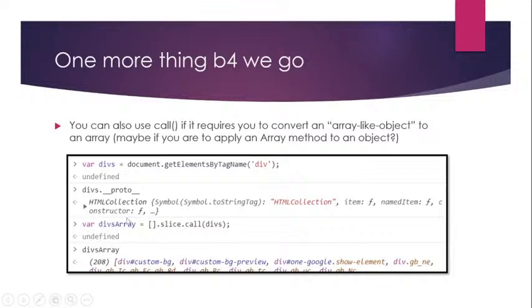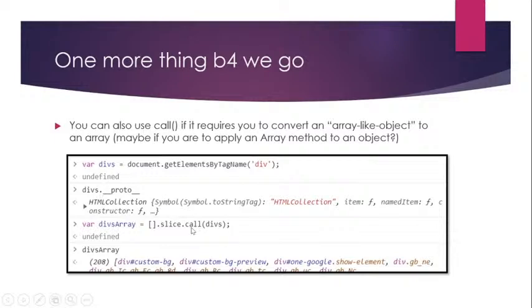But there's just one thing that needs to be remembered, that is the call method. If we just give slice and take this divs into it, then it won't work because divs is not an array.